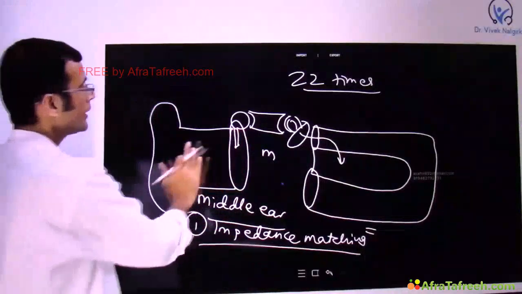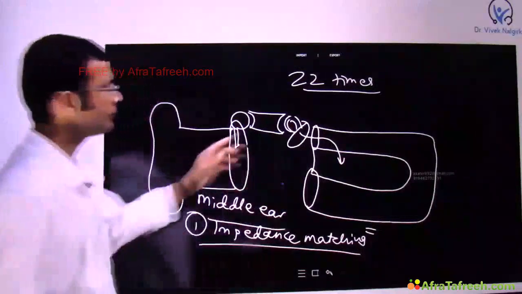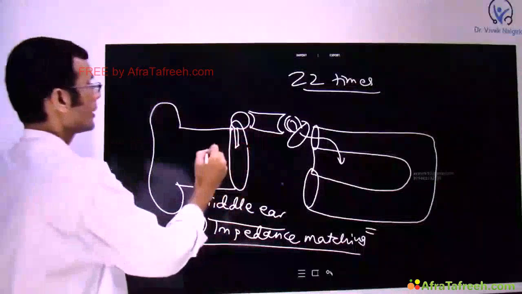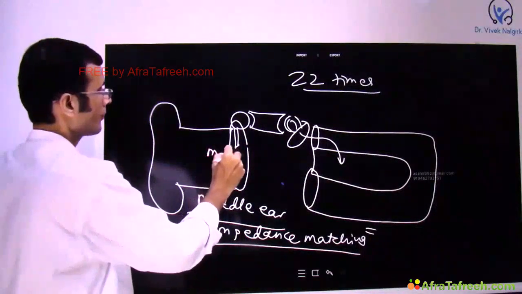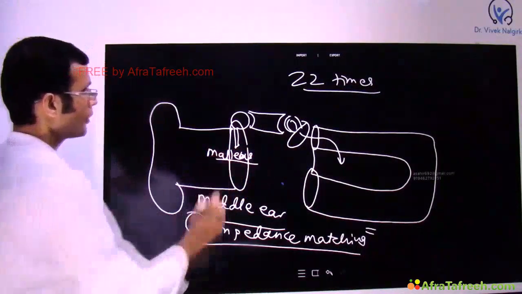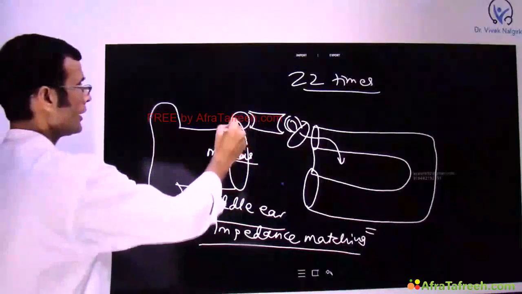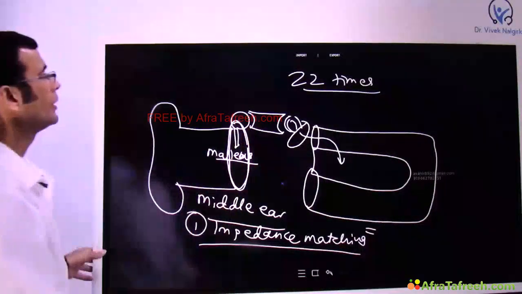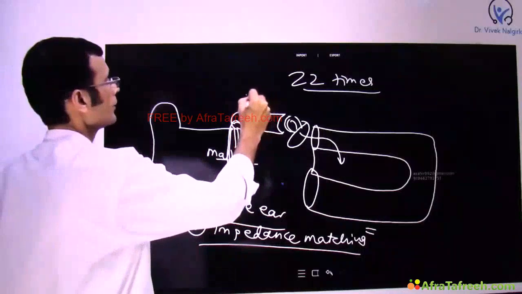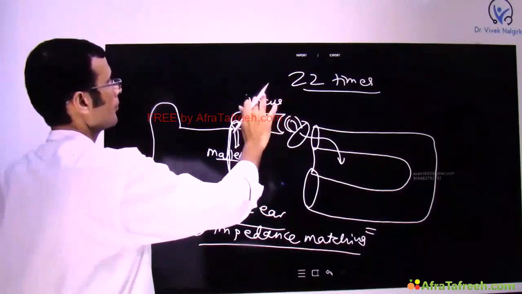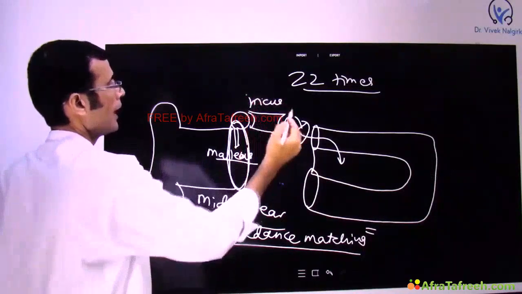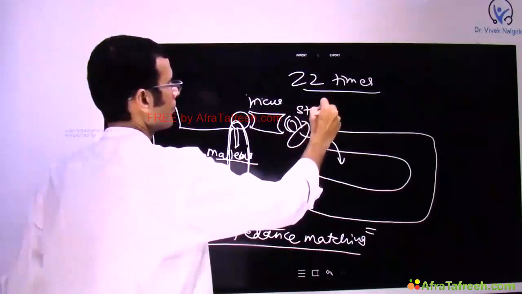See, there are three ossicles. The malleus, whose handle has been shown here in the tympanic membrane. Then the incus and stapes.